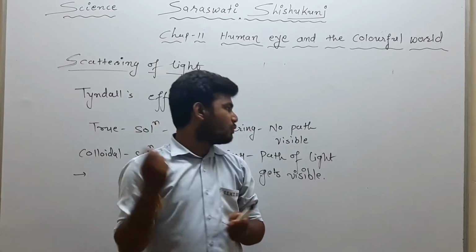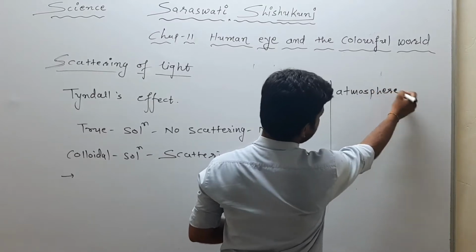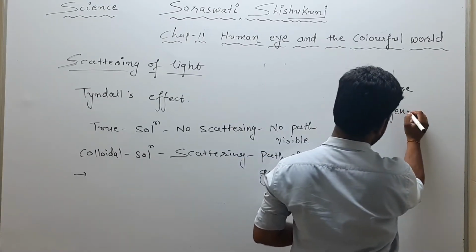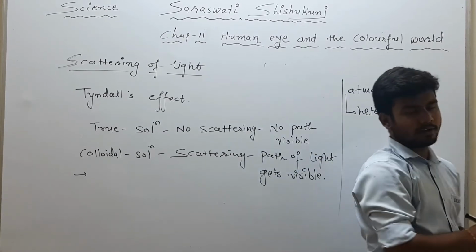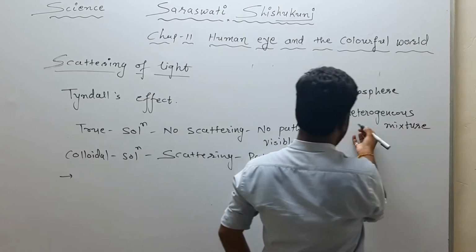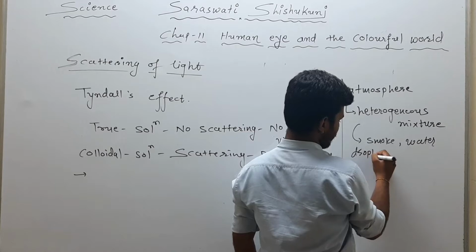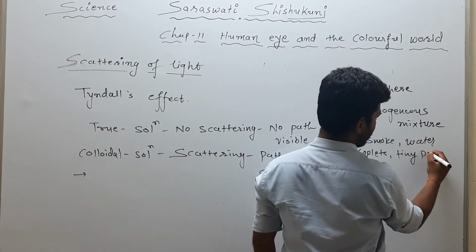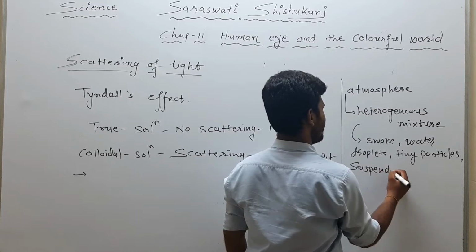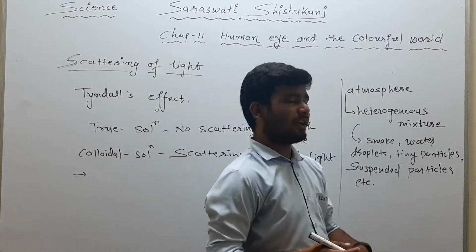We all know that our atmosphere is a heterogeneous mixture of smoke, different water droplets, tiny particles, and also some suspended particles, etc. So it's a heterogeneous mixture.